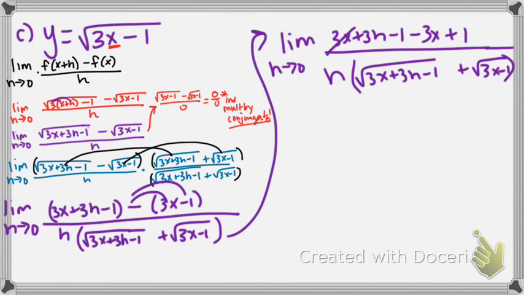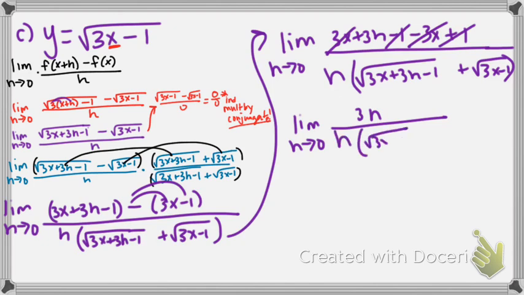So 3x minus 3x, 1 minus 1. So we get limit h approaches 0, 3h all over h radical 3x plus 3h minus 1 plus radical 3x minus 1. And now hopefully you can see it. The h's are going to cancel.